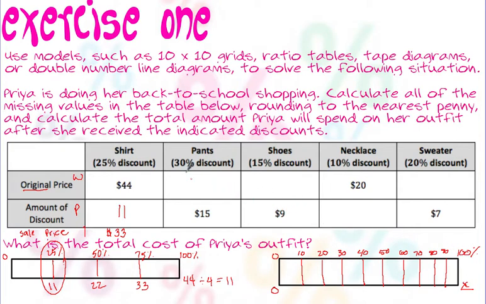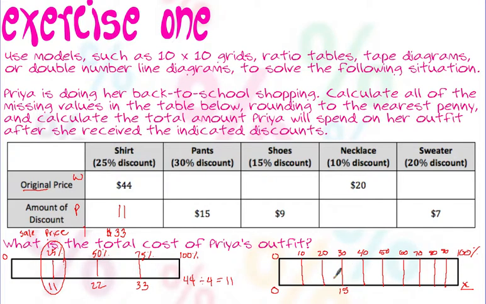So now I know that if I'm at 30%, that it's $15. Now this is where it gets hard because we're in the middle here. We're looking at this going, wait a minute, how do I find all these other pieces here? This is weird. Well, I know that 30% gets me to 15.